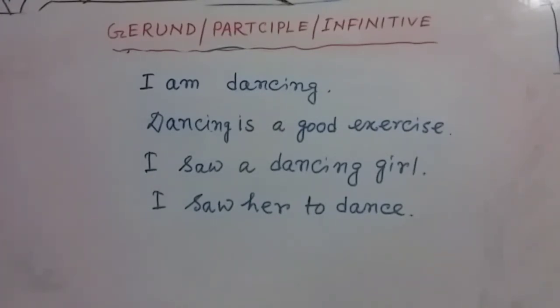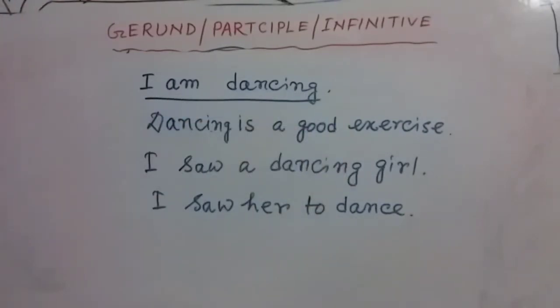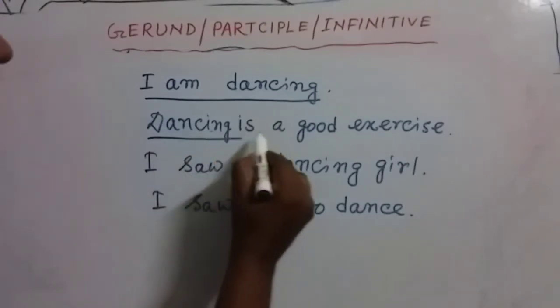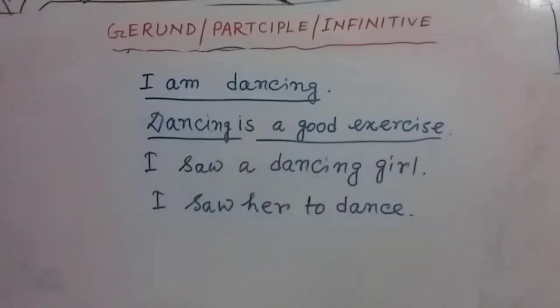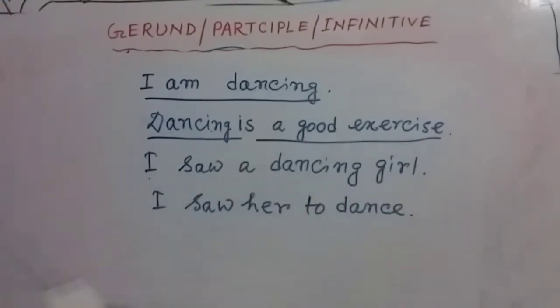Let's think about it seriously. Here at first I have written I am dancing. Actually my dear friends, I have used the same verb in all the sentences. In the second sentence I have written dancing is a good exercise. In the third sentence, I saw a dancing girl.